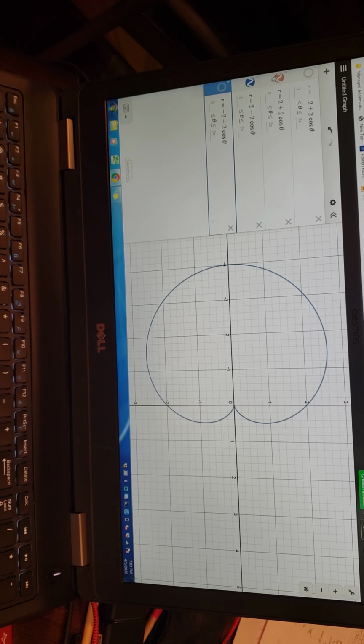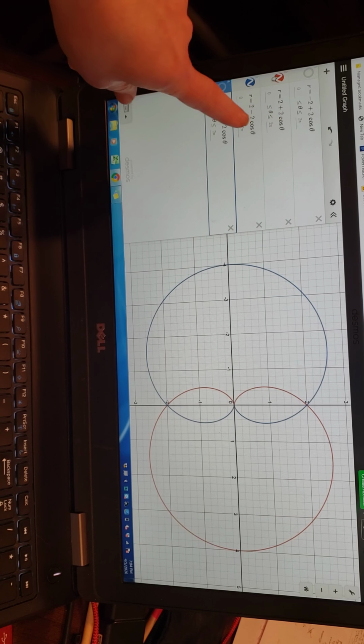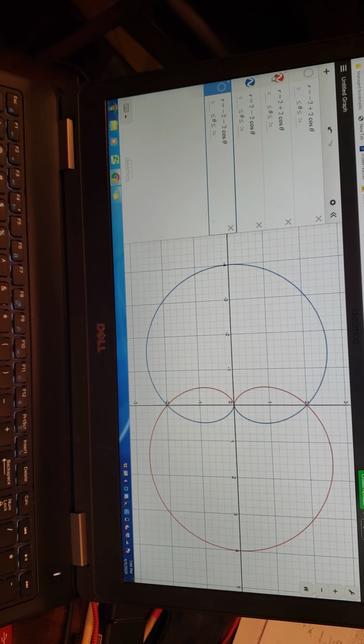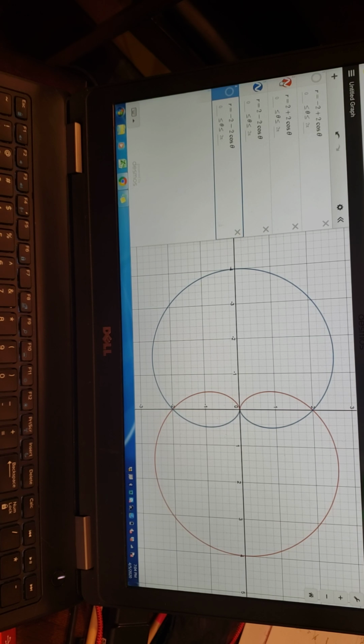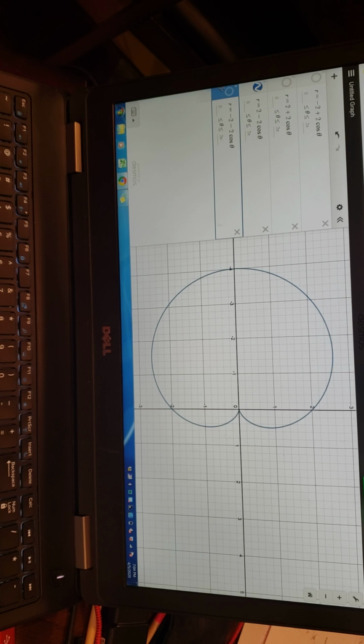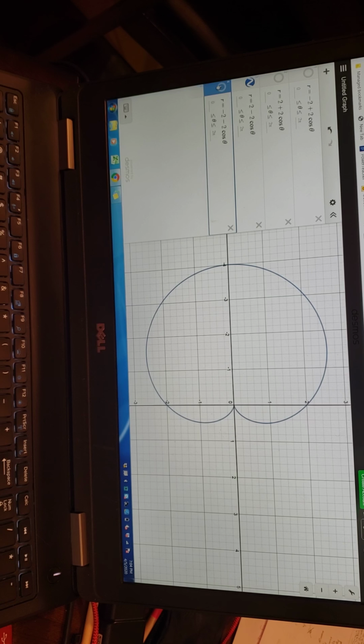So with the second and third, the only difference is B is positive 2 in this equation. B is negative 2 in the third equation here. Is there a difference? Yes. The orientation has changed. Now let's look at negative 2 minus 2 cosine theta. B is the same, but A is positive 2 in one and negative 2 in the other.